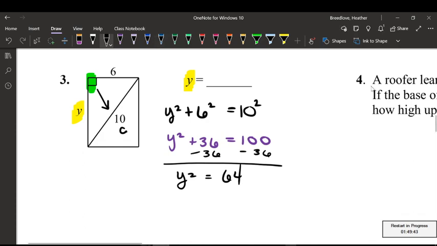And then the last step is to get y by itself, because it's y squared, but I don't want y squared. I want to take the square root of that. So square root squared cancel. So y equals the square root of 64, and 64 is a perfect square. So that means it's 8. So y equals 8.